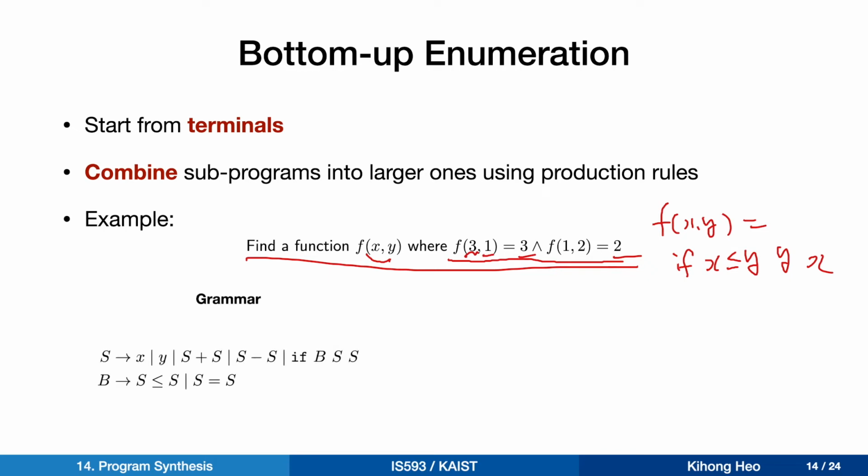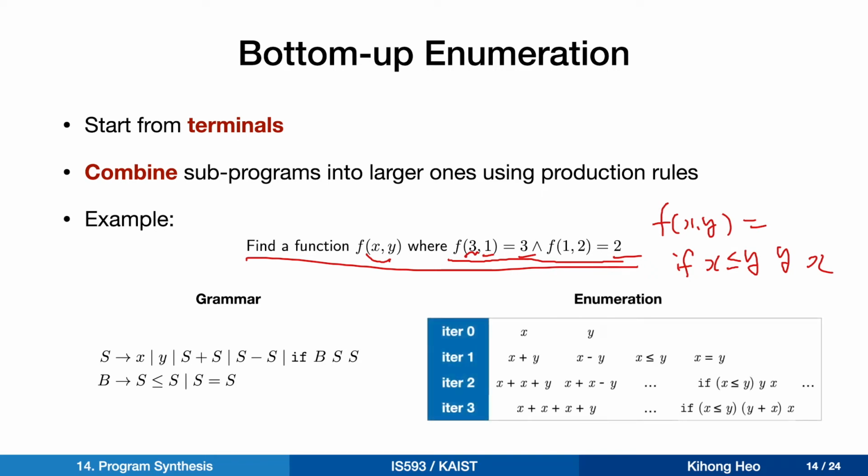The bottom-up style algorithm enumerates programs as follows. It starts from all terminals of the grammar, like x and y. But as you can see, initially both of them are not the right solutions.